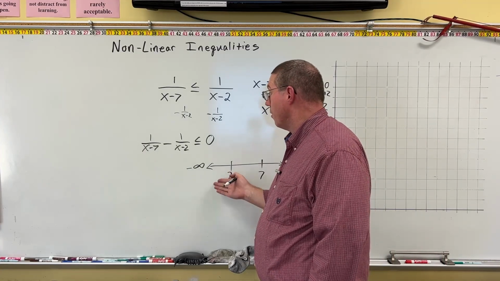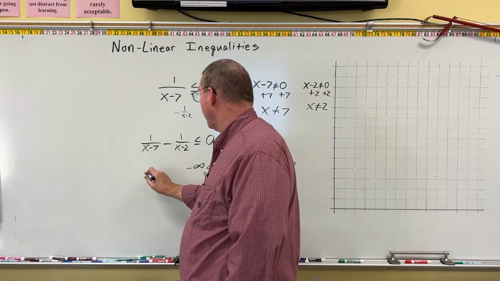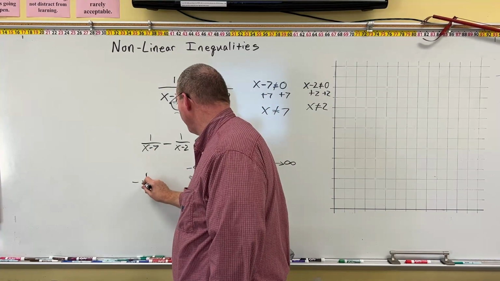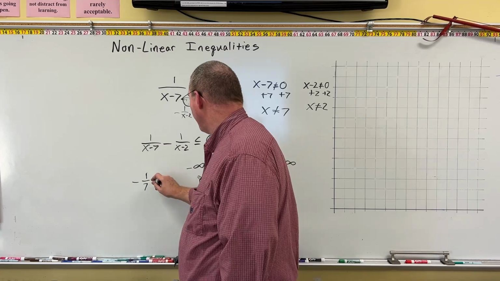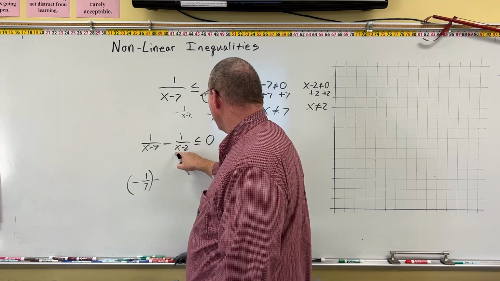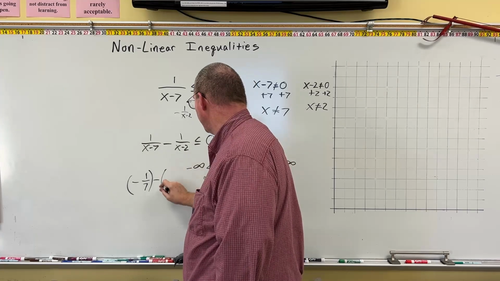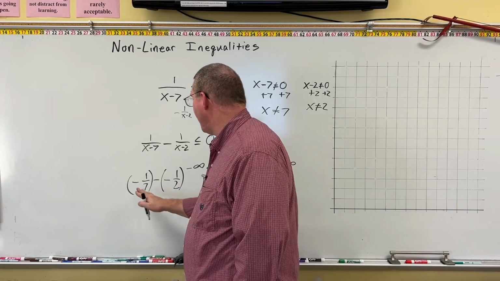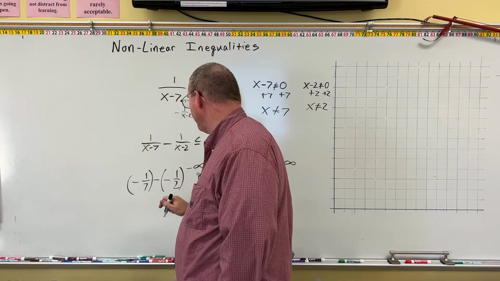How about 0? If I put a 0 here, I get 1 over negative 7, which is the same thing as negative 1/7. Then I'll have minus, I'm going to put that in parentheses. I'll put a 0 here, so that's 1 over negative 2, which is the same thing as negative 1/2. So I have negative 1/7 minus negative 1/2.